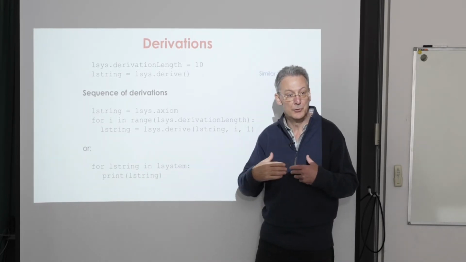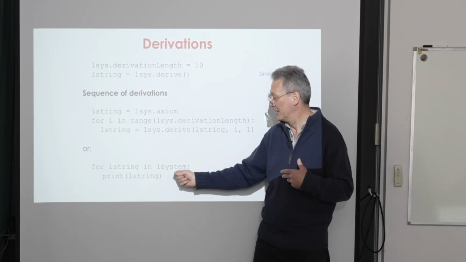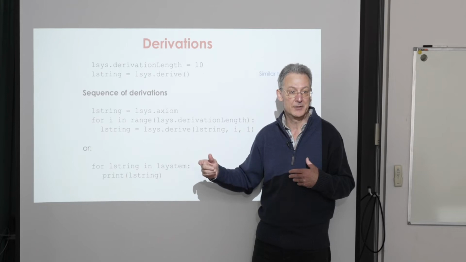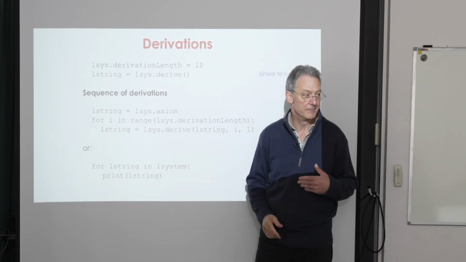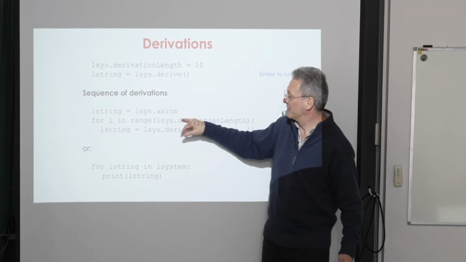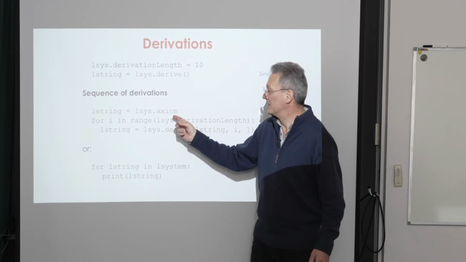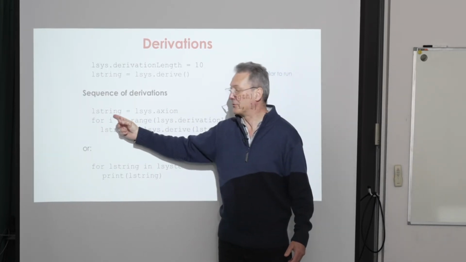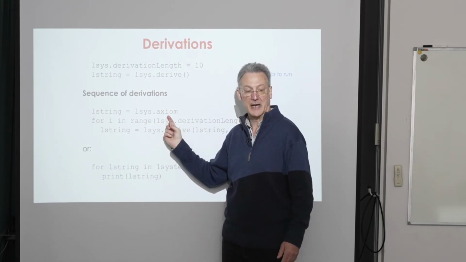If you want to go through all the derivation, you just say for L string in L system, since L system is a sort of iterator object, and you do something. But you can be a bit more specific, saying that you get an initial L string, for instance by using the L system axiom.